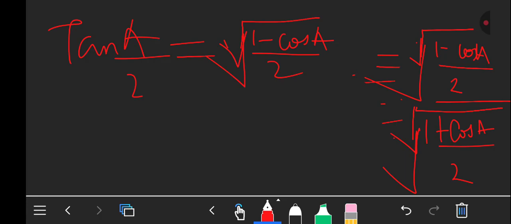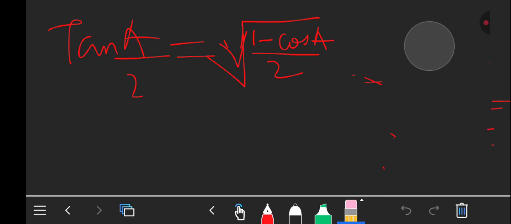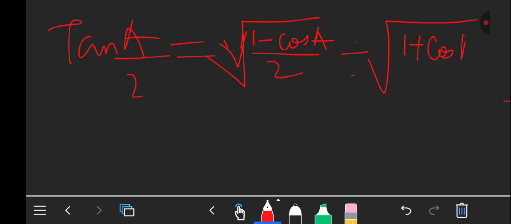So this is simply equal to, so I'll wrap this. So we are dividing by square root of 1 plus cos a over 2.